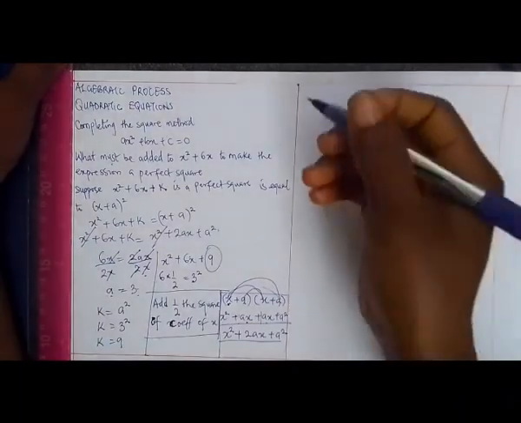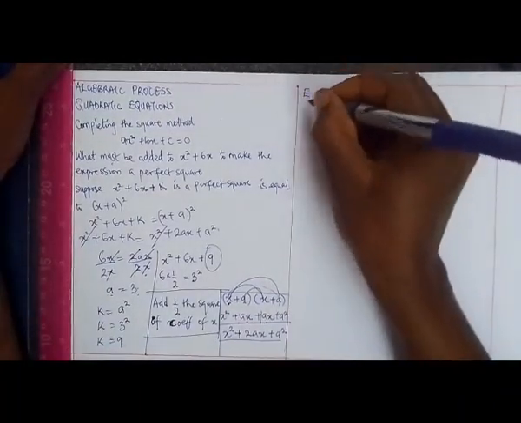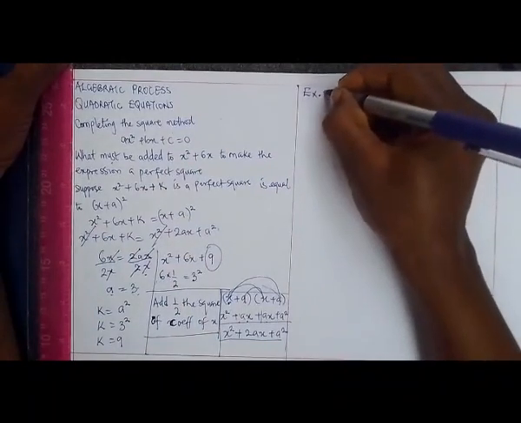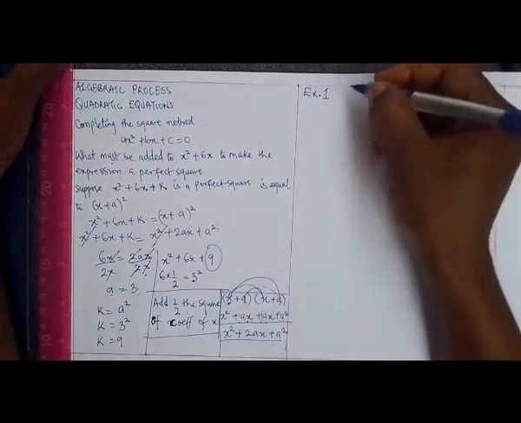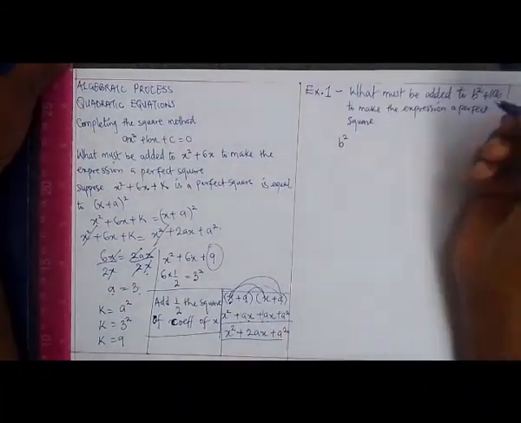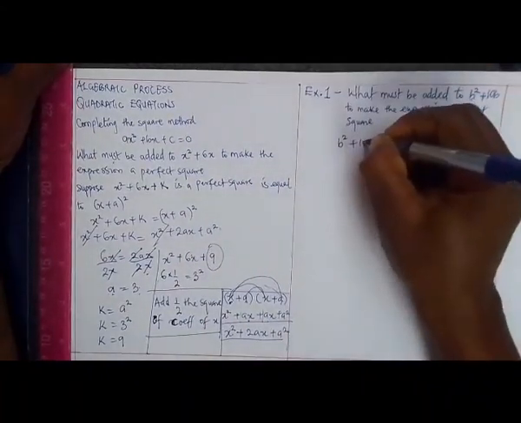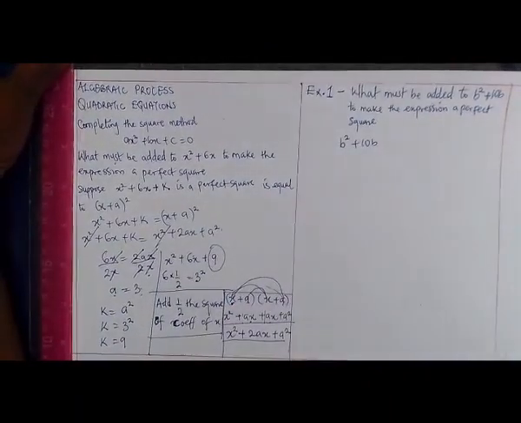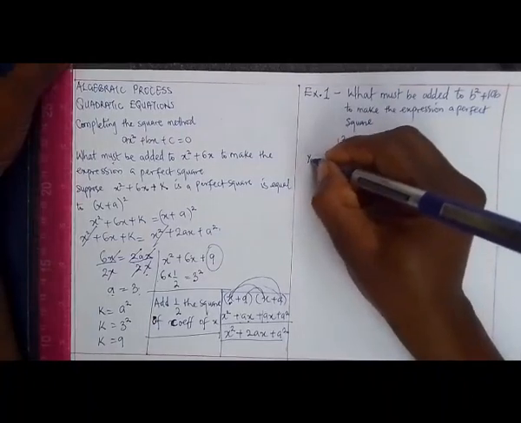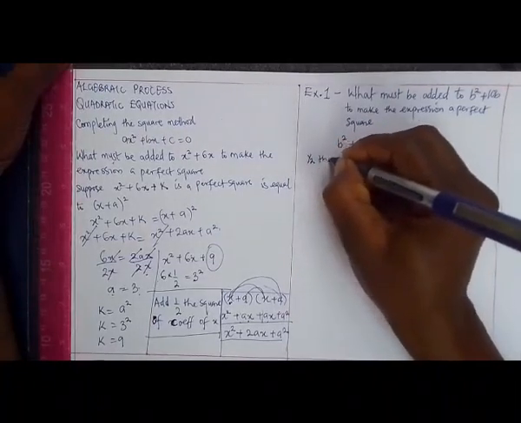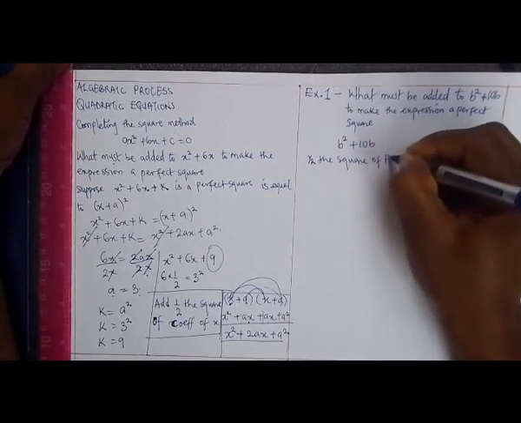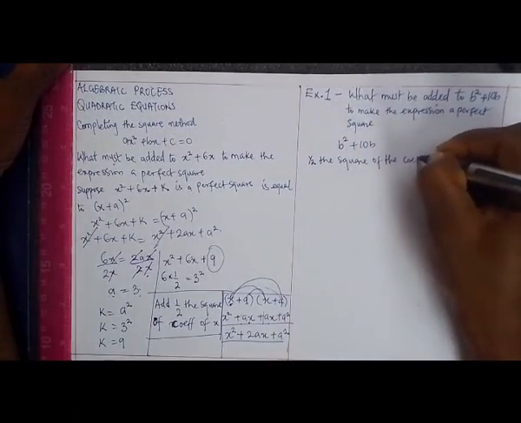Now let's take an example, without proving. The proof has already told us what we need to do to make an expression a perfect square. What must be added to b squared plus 10b to make this expression a perfect square? Recall from our proof, we said the square of half the coefficient.